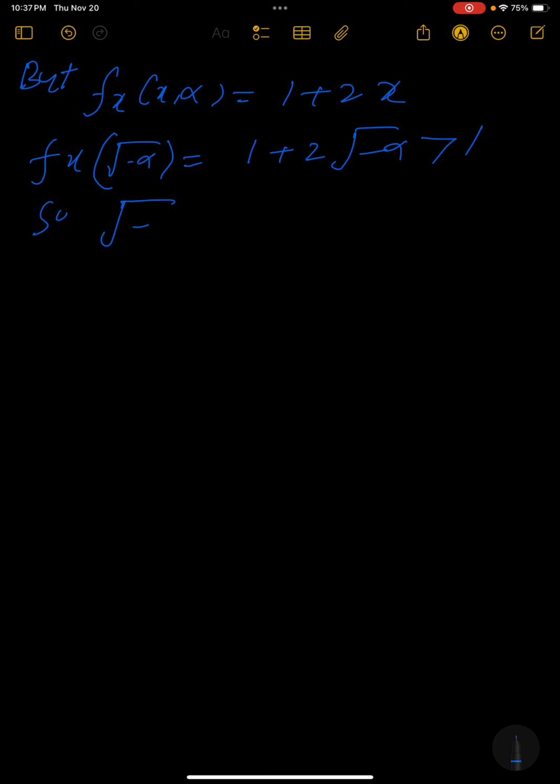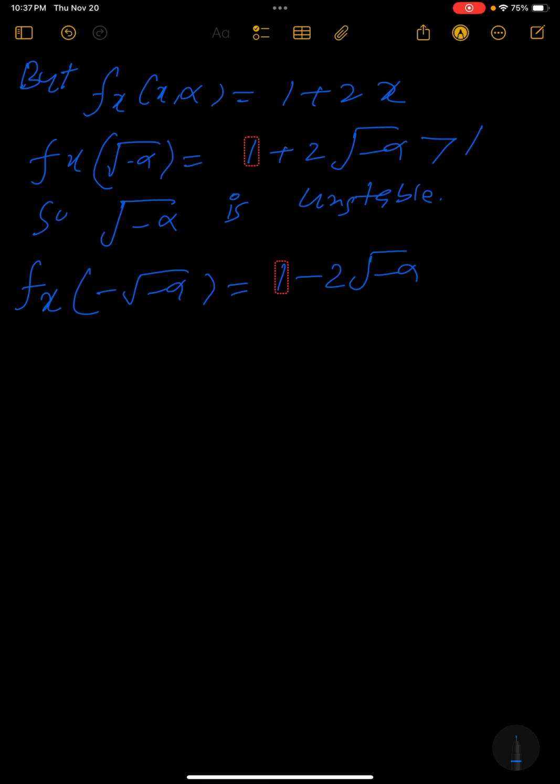So square root of minus alpha is unstable. And f_x at minus square root of minus alpha is 1 minus 2 square root of minus alpha. It is clearly less than 1. So minus square root of minus alpha is stable.